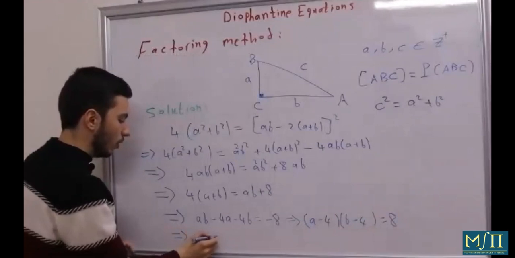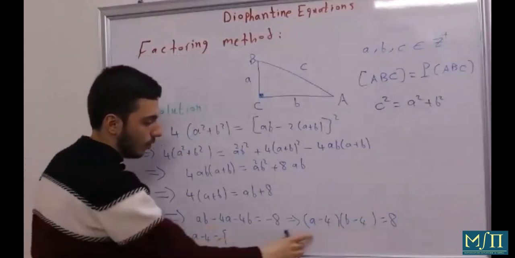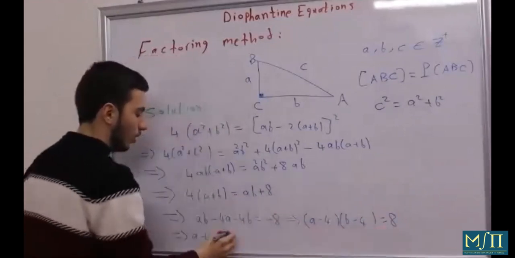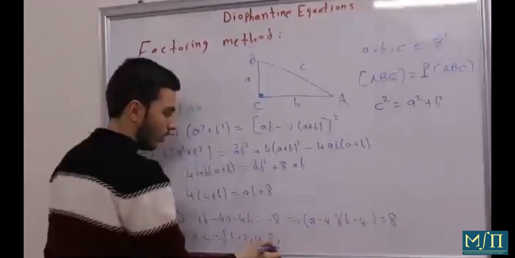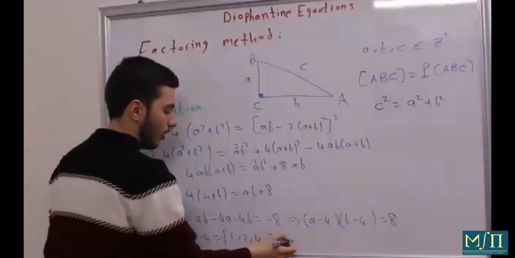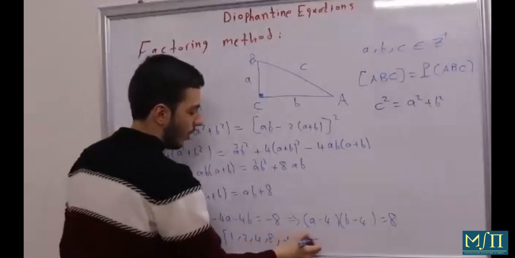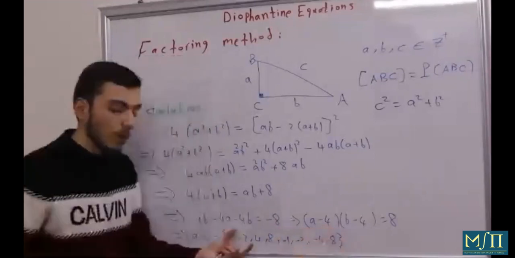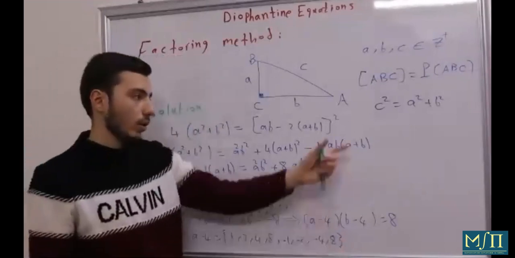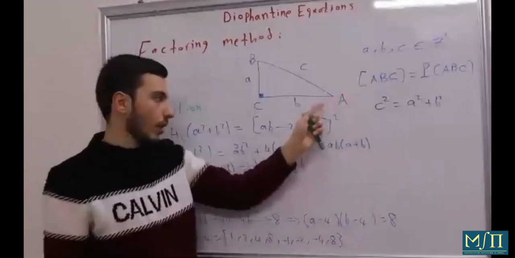Okay, so now we have A minus 4 simply equals the divisors of 8, which are 1, 2, 4, 8, and minus 1, minus 2, minus 4, and minus 8. So we can simply discuss these cases and find the lengths of our right triangle.